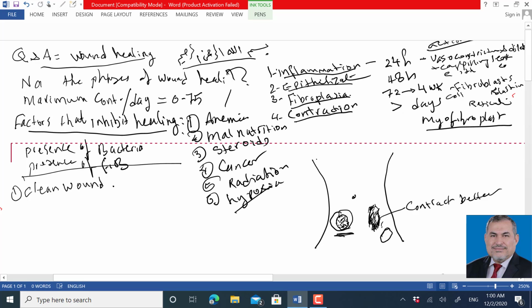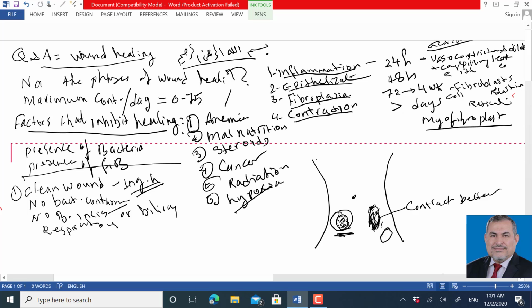For example, inguinal hernia. We call this a clean operation or clean wound. No bacterial contamination, no bowel incision, no incision through the bowel, biliary or respiratory tract. This is what we call the clean wound, like inguinal hernia.